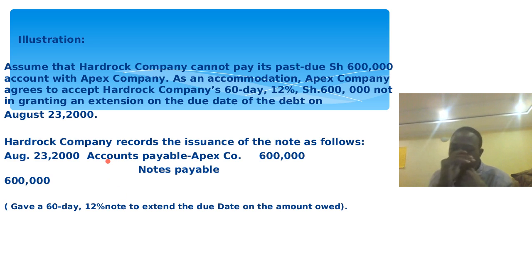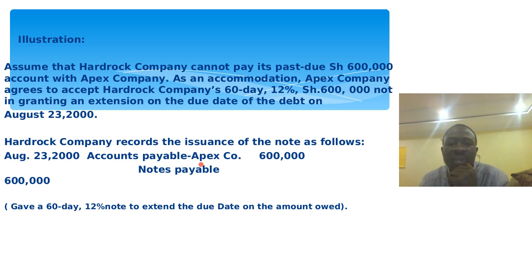Now, to record the issuance of the note, we debit the accounts payable.